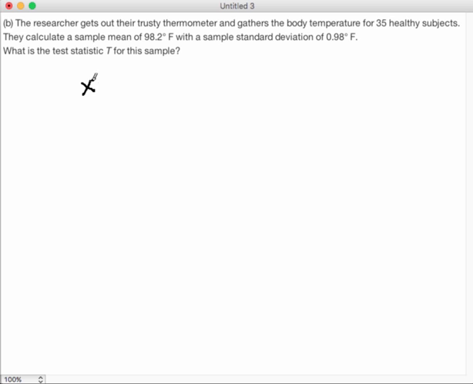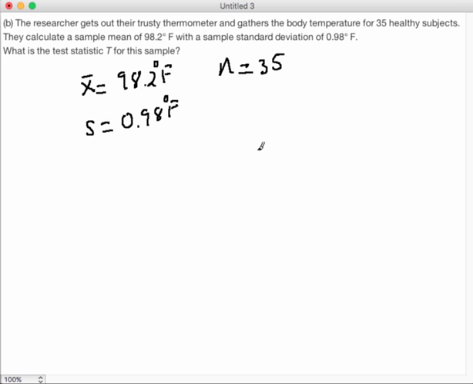So they came up with an X bar equal to 98.2 degrees Fahrenheit, and a sample standard deviation S equal to 0.98 degrees Fahrenheit. Okay, and their sample size n was equal to 35. So this is what I was talking about in the opening, that they did not give us the raw data. We didn't have the numbers to crunch and calculate X bar and S. They did that for us.